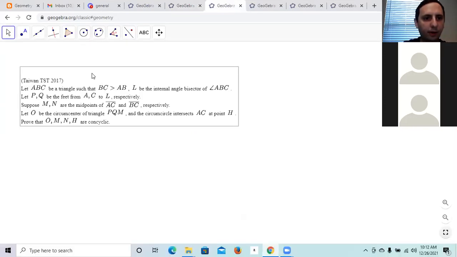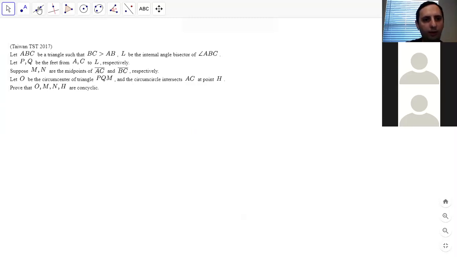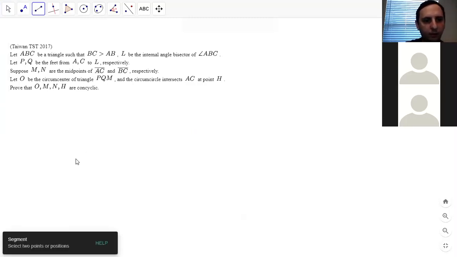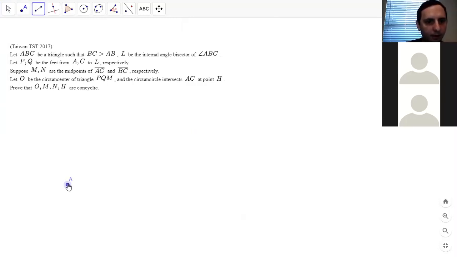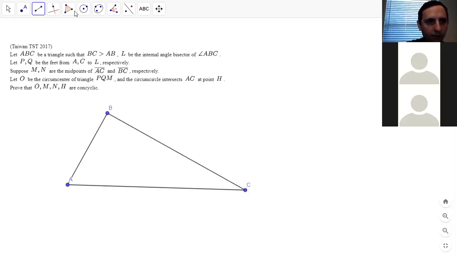So we have a triangle ABC with BC greater than AB. And L is the internal bisector.